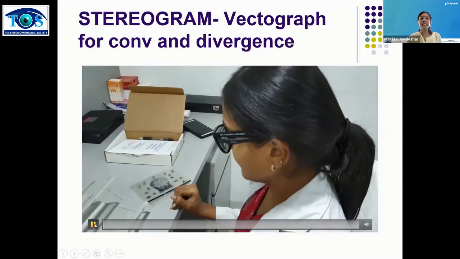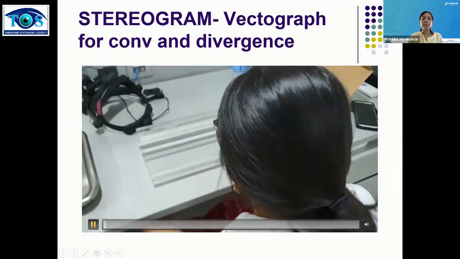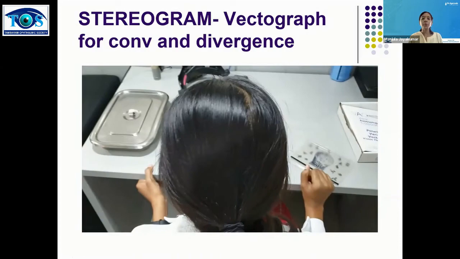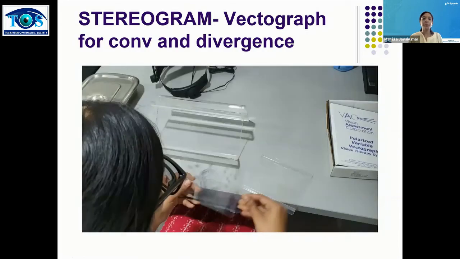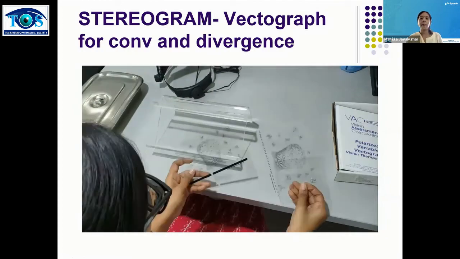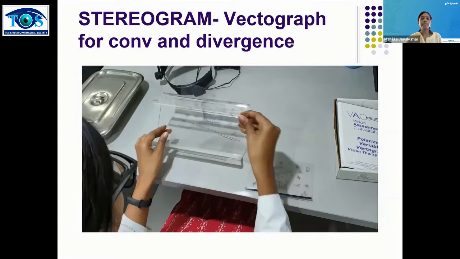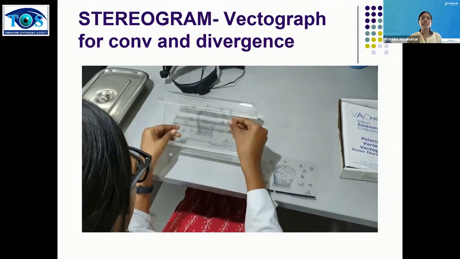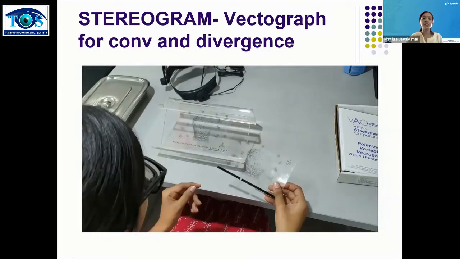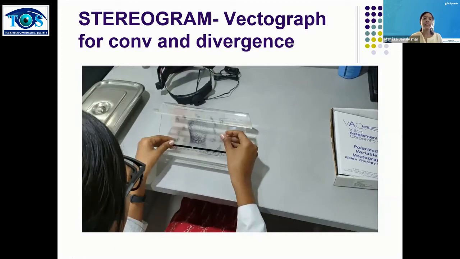All these subjects are my students and some of them are patients. This is my postgraduate student. You have Polaroid vectographs which you place on a panel. The subject uses polarizing glasses over the glasses, if she has a refractive error.